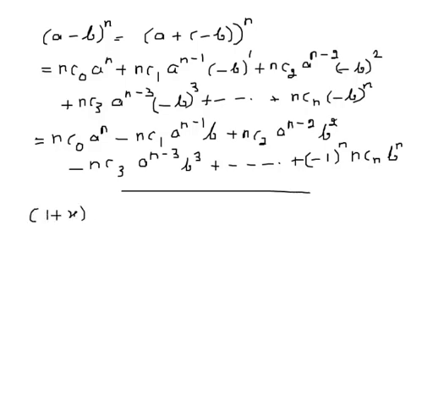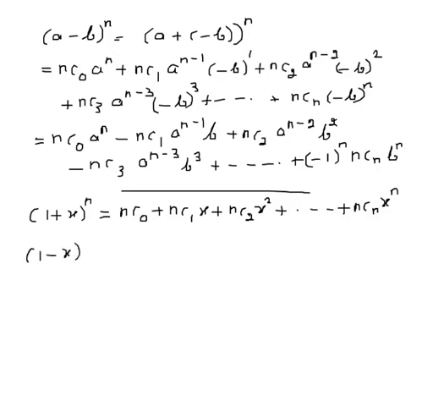Let us write the expansion of 1 plus x whole raised to n, which is nC0. 1 raised to any number is 1, plus nC1 x plus nC2 x square plus etc. The last term will be nCn x raised to n.